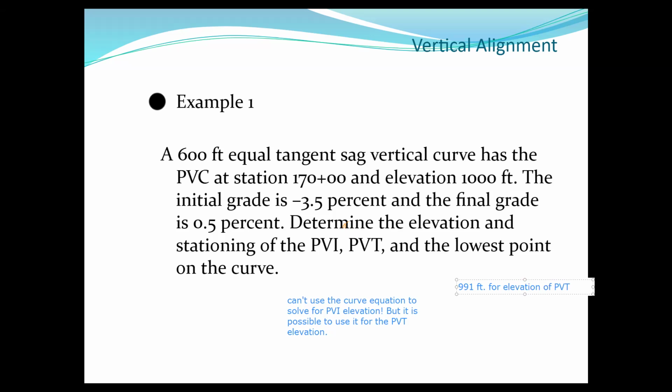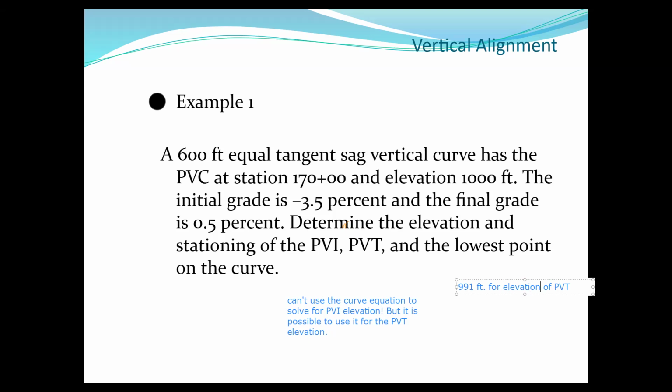Now we said we cannot use the curve equation to get the elevation of PVI. So what can we use? You can use the slope of the initial tangent. It's negative 3.5%. So how far down do you come? Every 100 feet, you come down 3.5 feet, and this distance is 300 feet. L over 2, we know, is 300 feet.